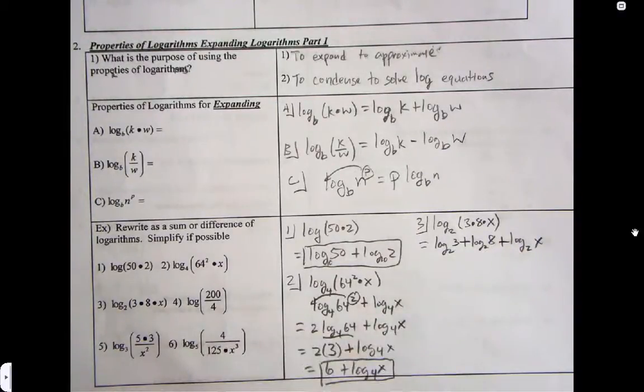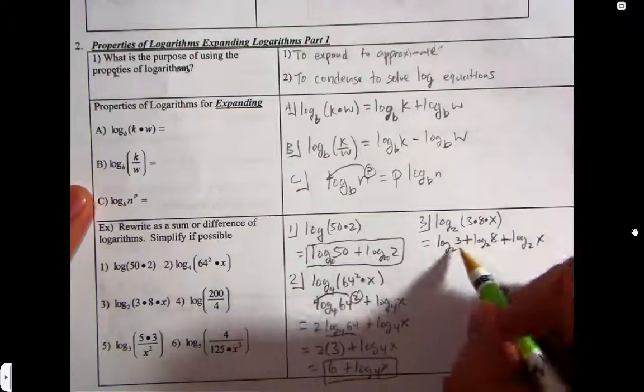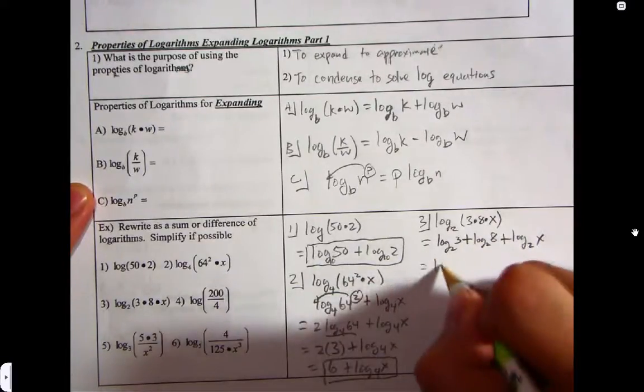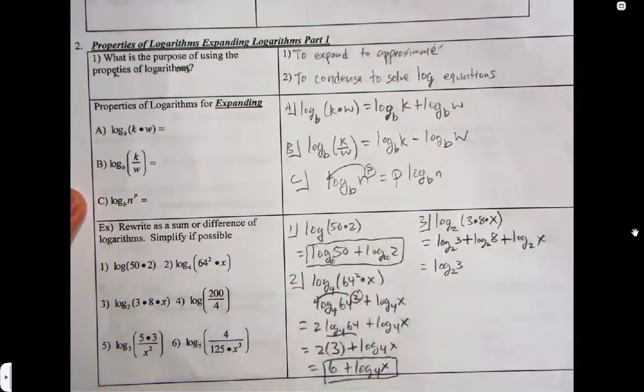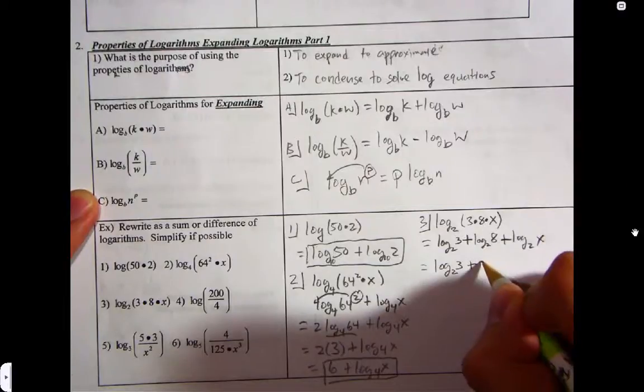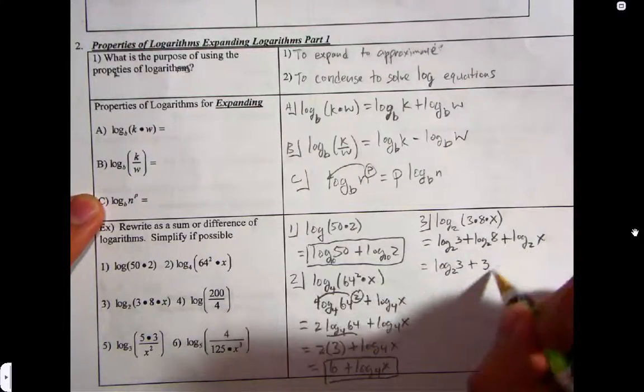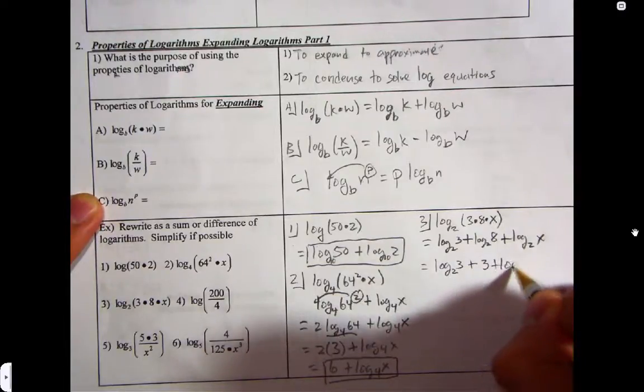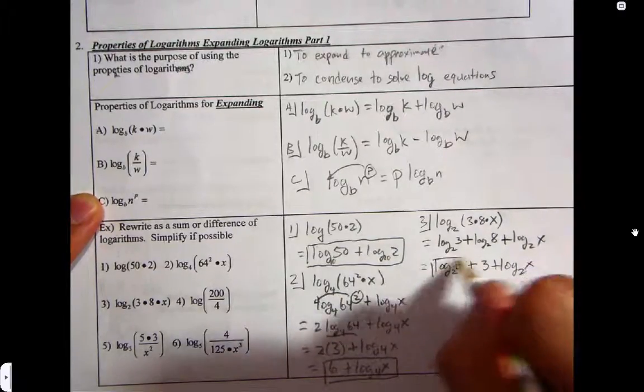So every log is separated by a plus. 2 to the what gives you 3? I don't know off the top of my head, so I'll put log base 2 of 3. 2 to the what gives you 8? 2 times 2 times 2 will give you 8, so it'll be 3. 2 to the what gives you x? I don't know, and that's our answer.